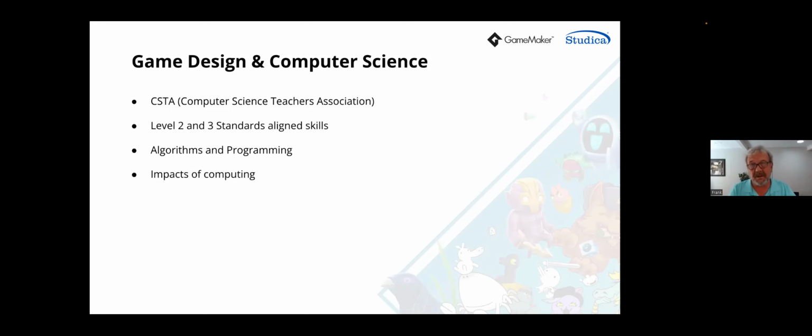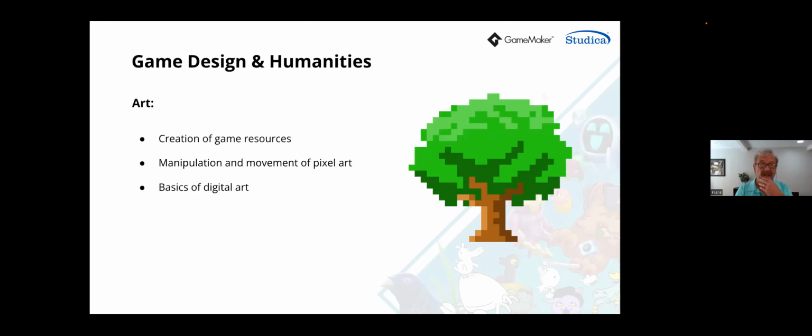And they also talk about the impacts of computing. But I'm going to talk about a little different thing today, and that is that so many of the things that go into a game can involve so many other communities that could be involved in game design and really be enriched from that.